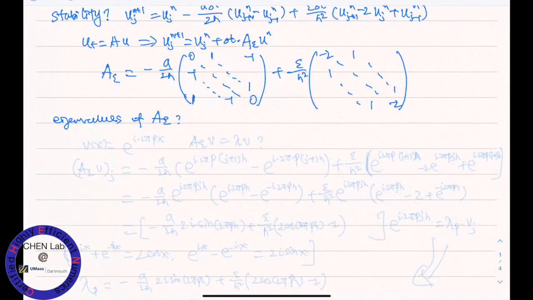We use this exact same technique. So we're going to take v of x to be equal to e to the i 2 pi p x, and ask: what is A_epsilon v equal to lambda v?